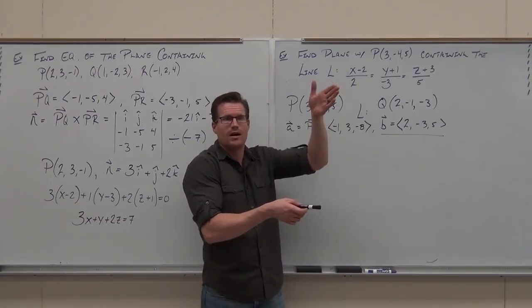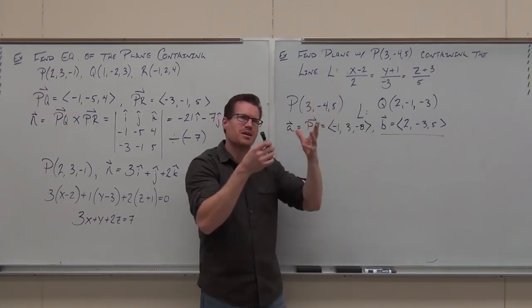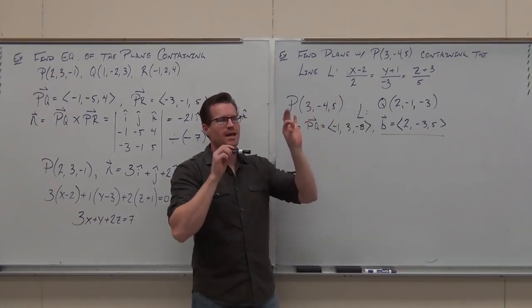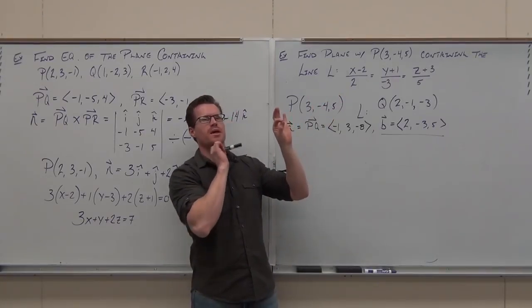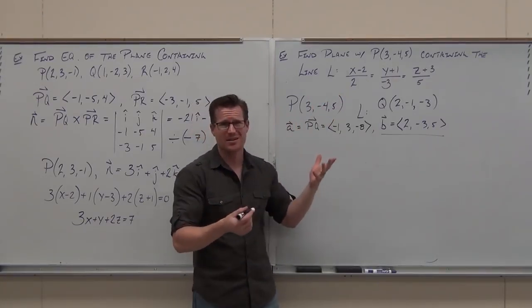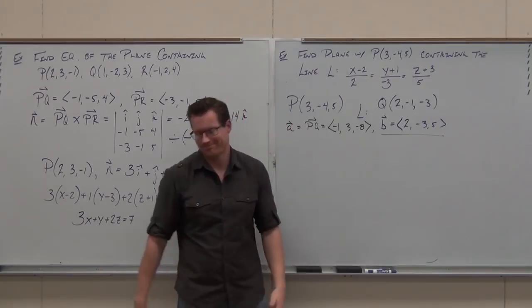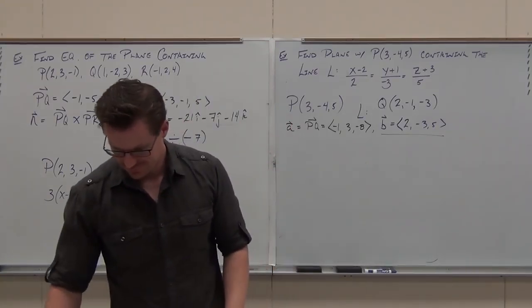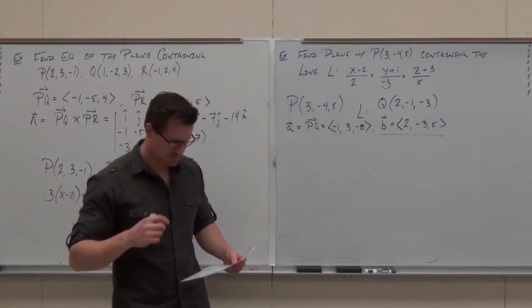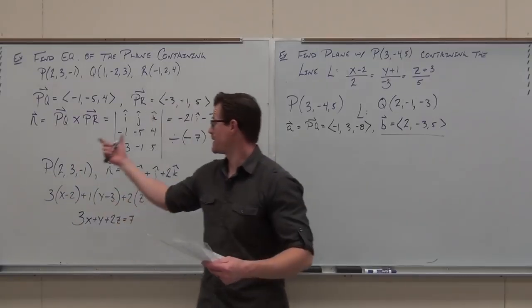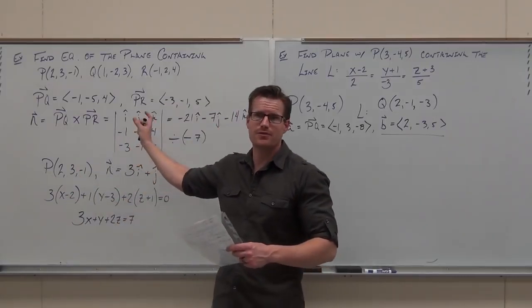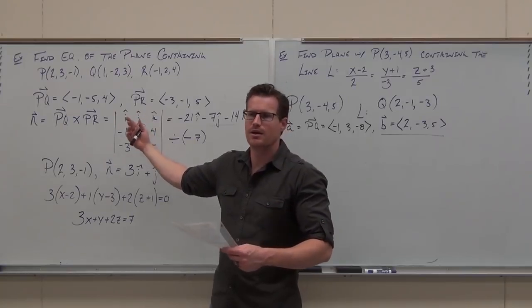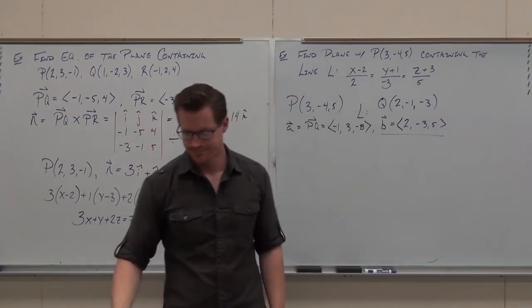They're not connected at all. It's a scalar multiple to get up to there. So we think of it more like, here's the point, and here's the direction you're headed through that point. So it doesn't really matter which one you subtract from which. And we found that out over here too, right? Because even if you cross product these a little funky, you're still going to find a normal vector.